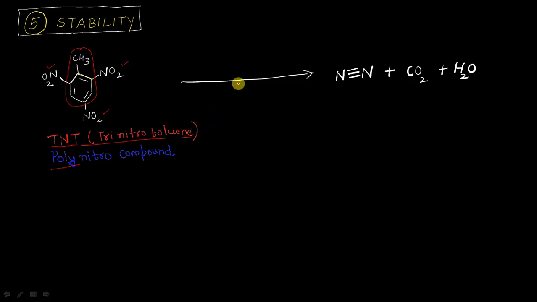Now if we start heating the TNT molecule to very high temperatures, it has been seen that it will undergo some sort of decomposition, resulting in the formation of a molecule of nitrogen gas, a carbon dioxide molecule, and water is released in this reaction. Now this reaction, starting from here to here, is a very, very fast type of reaction. Two reasons are there for this.